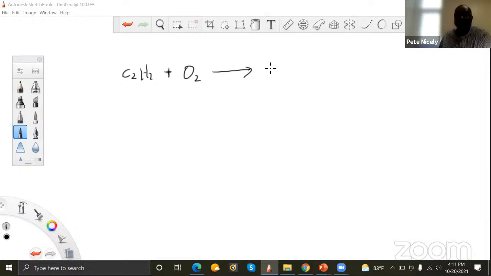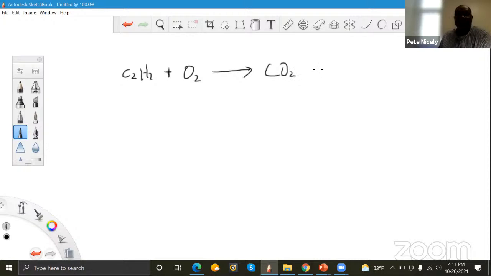Everybody should know what the formula for carbon dioxide is. Okay, yeah, CO2. And of course, everybody should know the formula for water, which is H2O. Very good. So once we identified the formulas for the products and the reactants, the next step is to balance it. So how do we go about balancing this equation?